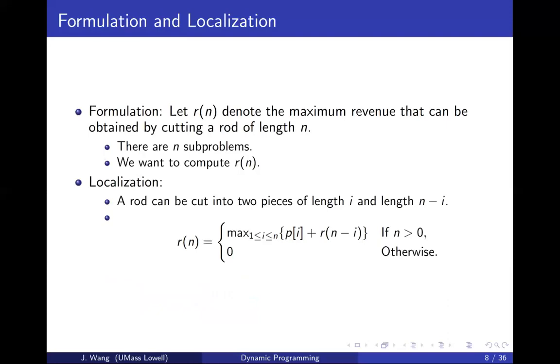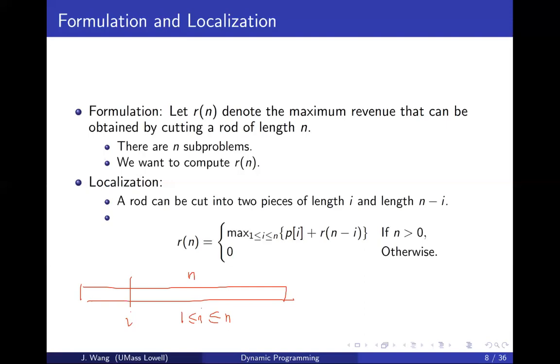Let's do it again. Let's say this is my rod of length n, and this is my cut I. I don't know where it is, so this I is from 1 to n. Which means if it's equal to n, I don't cut it. If I is equal to 1, this is 1 inch.